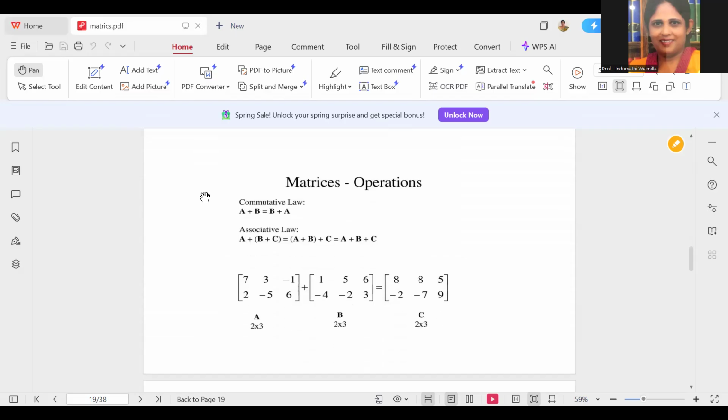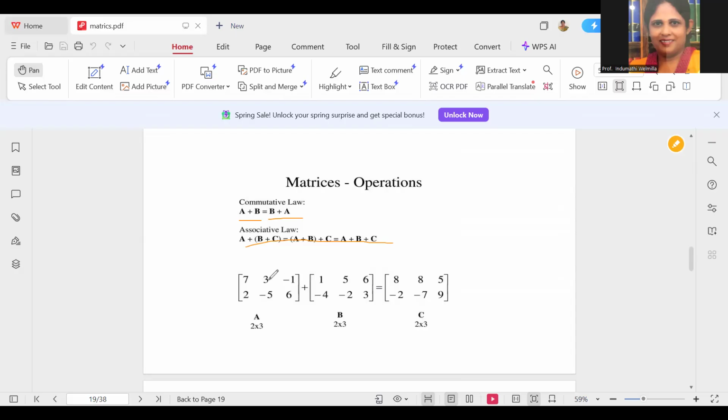So you can see in here, if we have two matrices, A plus B and B plus A are the same, right? And with three matrices it is also the same. I have given one example. Adding operations, right?